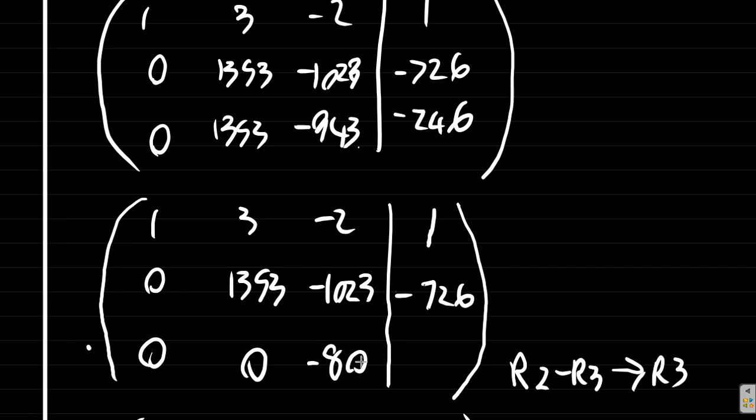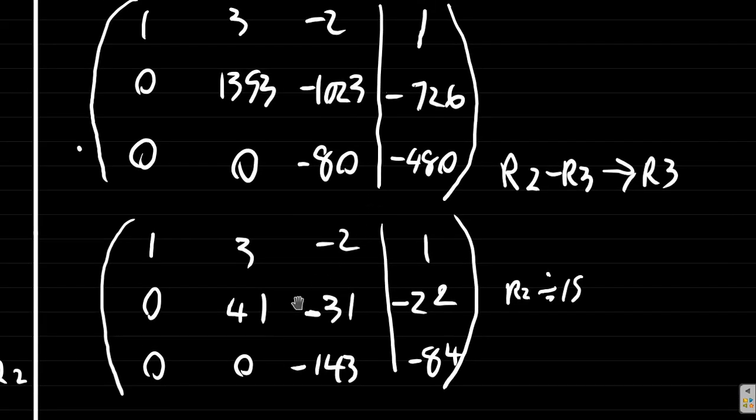And then negative 726 minus negative, which is plus 246, will give us negative 480. Alright? So that's what we have there.